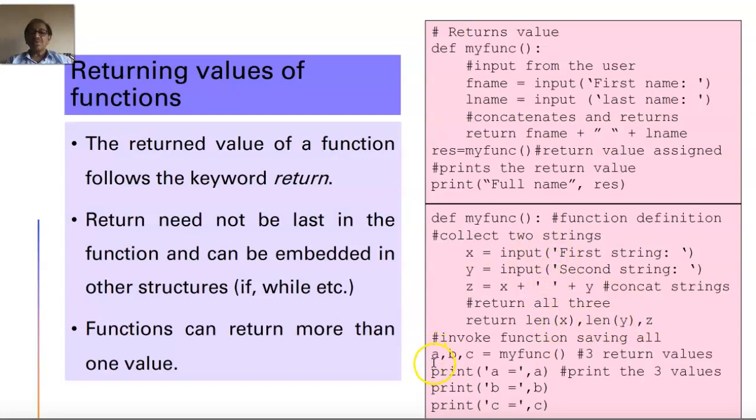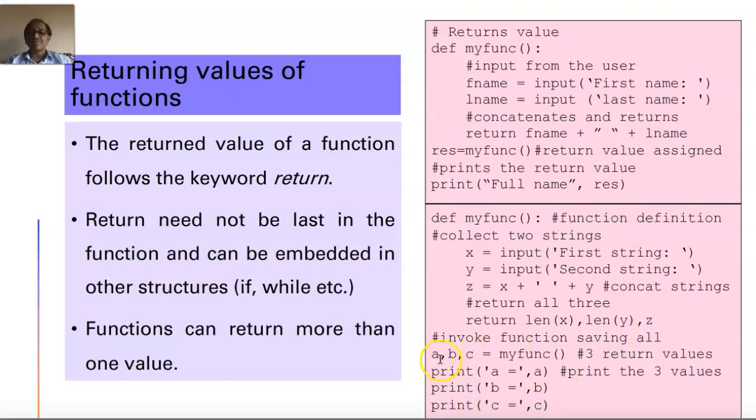Then you invoke it. How do you invoke the function? You say a, b, c, that is three values you are taking with my function, right? Three return values, and then print a. What is a? A is the length of x. Print b, b is the length of y. Then c, c is z, that is the concatenated string.